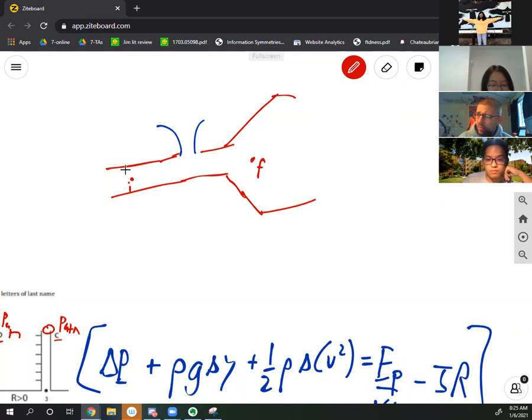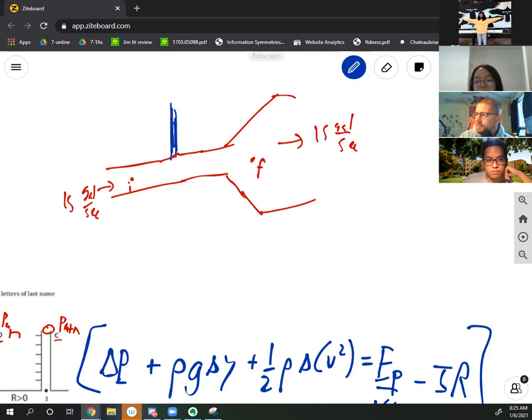Like if I had 15 gallons per second, or 15 meters cubed per second, coming in on this side, and I don't have a leak, then I would need to have 15 gallons per second coming out on this side. If I did have a leak, then maybe I'm losing a gallon per second here.